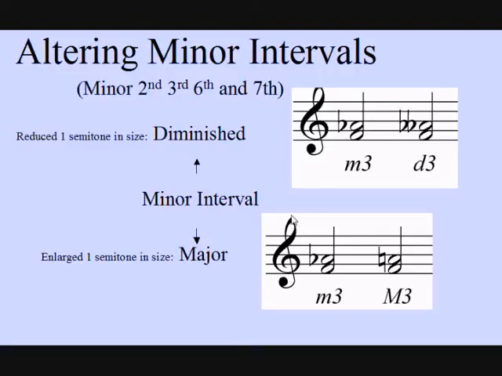The minor interval goes to diminished when it loses one semitone, but goes to major when one semitone is added. Like here, for example, we have a minor third that becomes a major third when we add one more semitone to the distance.